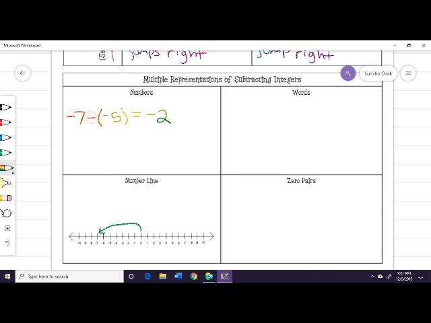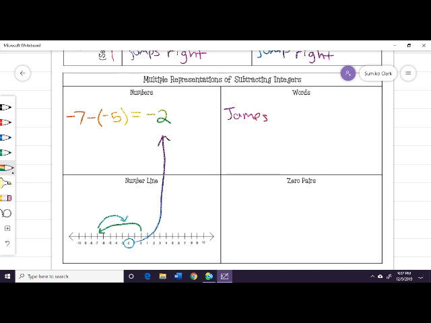But then we're going to subtract even more, but because we're subtracting a negative, it reverses. So we're going to go to the right 5 jumps. From -7, 1, 2, 3, 4, 5 to the -2. And that's what we get. Same answer.